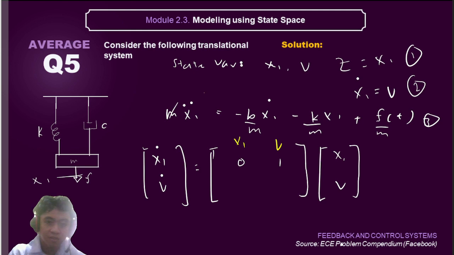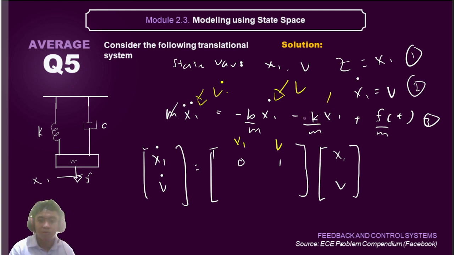So we have a value of x here, and we have a value of v here. This is also v. This is v dot, and this is simply x1. It's written here. So let me just take that out.